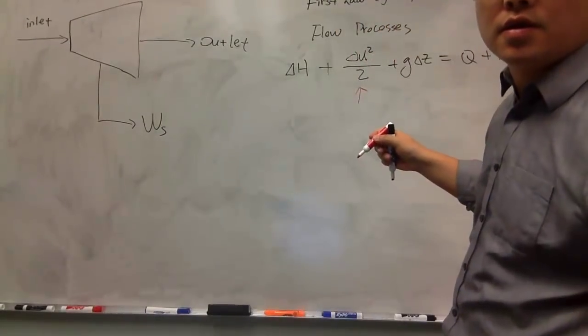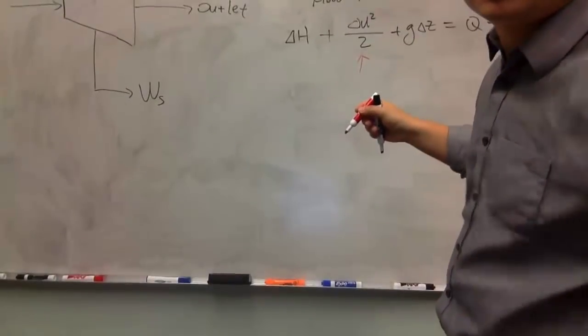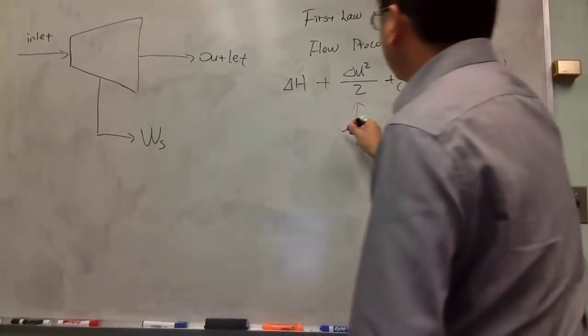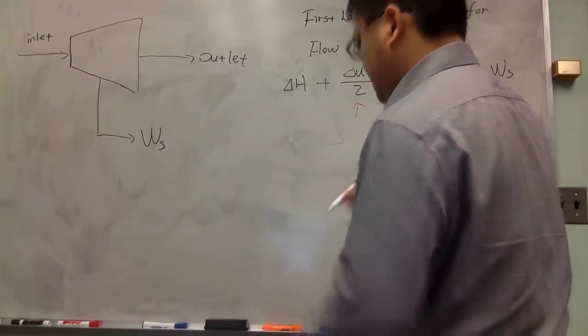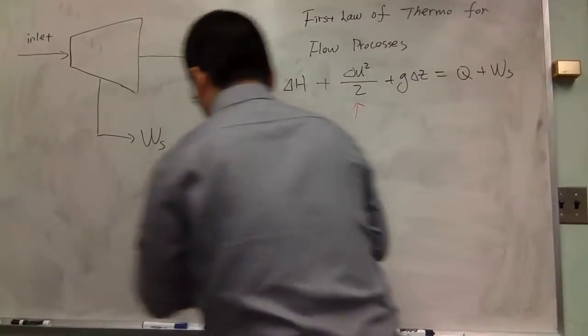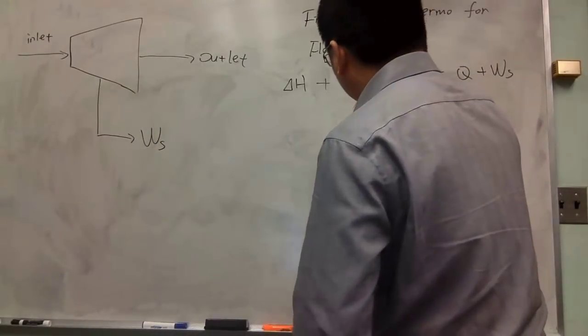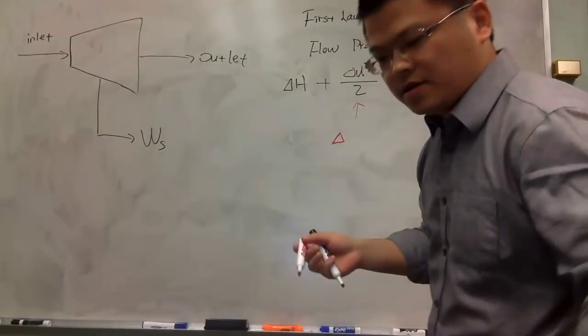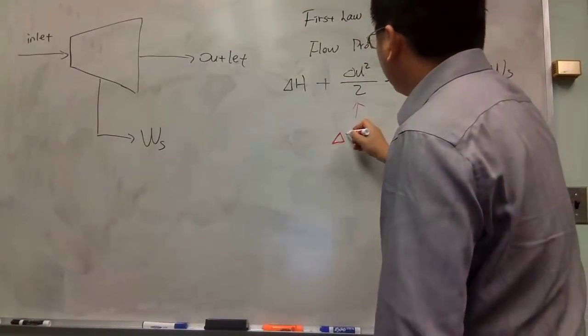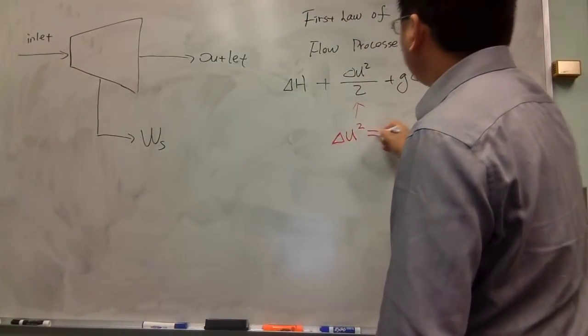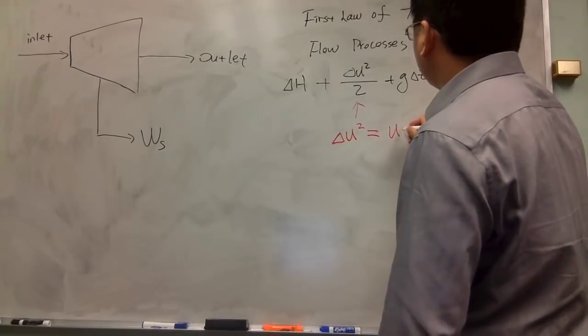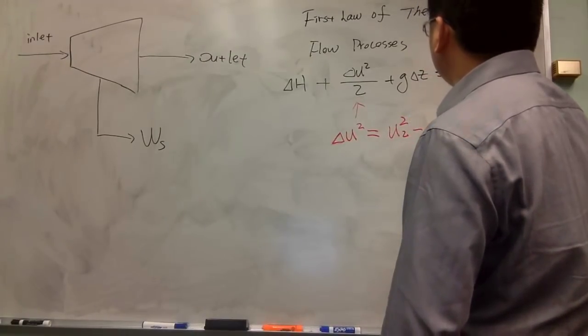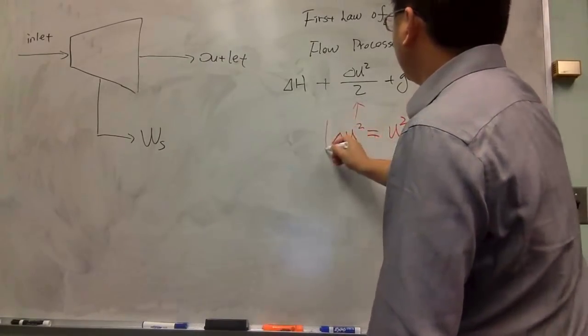Delta U square is indeed U2 square minus U1 square. Right?